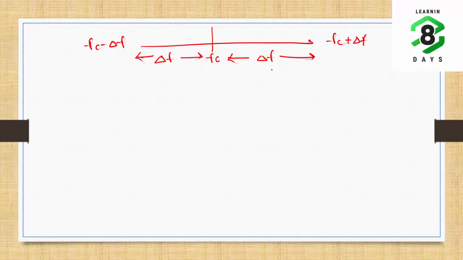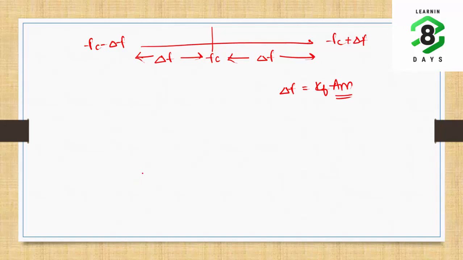So this Δf is the maximum frequency deviation. Δf depends on the amplitude of the message signal. It doesn't depend on the frequency of the message signal.